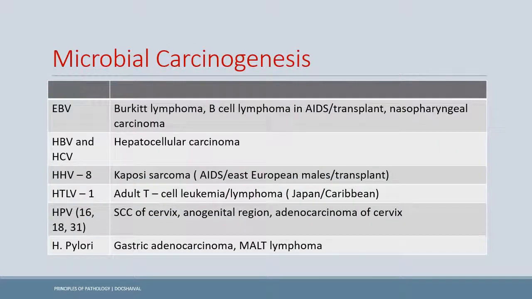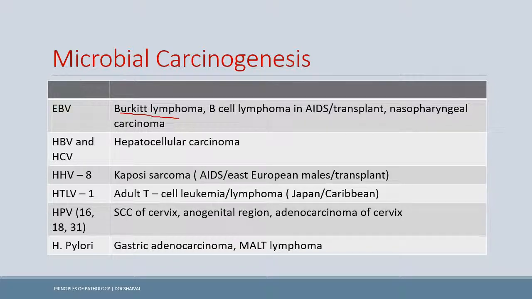Lastly, we are going to see microbial carcinogenesis, and this is also going to be a very high yield discussion. The first of them we are going to see is the Epstein-Barr virus. Can you recall where it is involved? Yes, it is involved in infectious mono, and it is associated with Burkitt lymphoma.